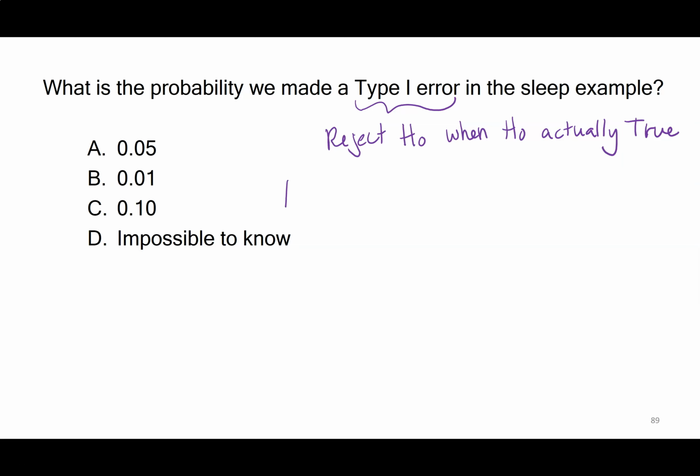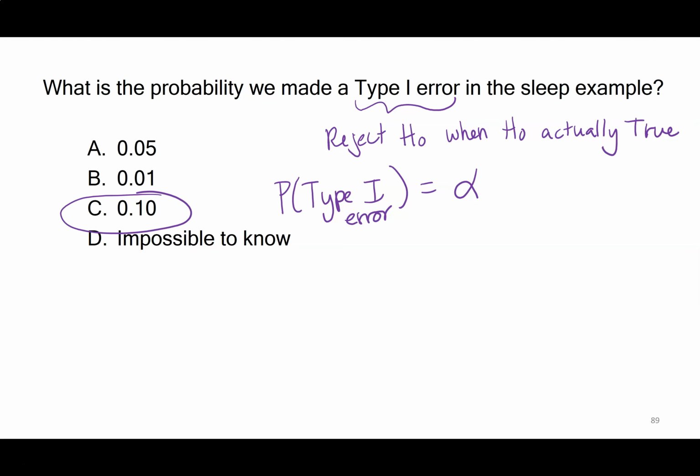The probability of type 1 error, we actually determine this. It's equal to our significance level. So the answer to this question is just going to be, well, what was the significance level we used?